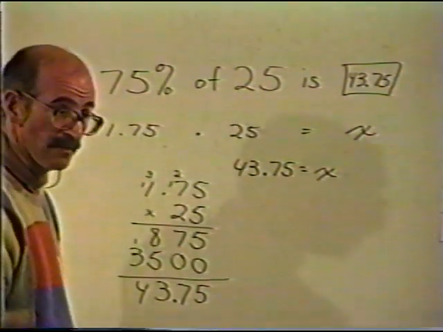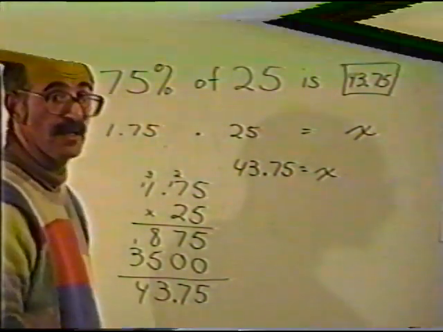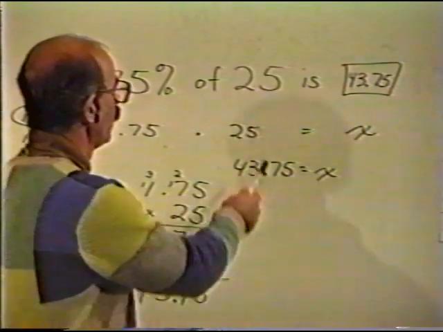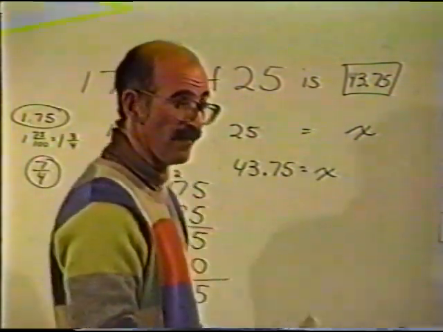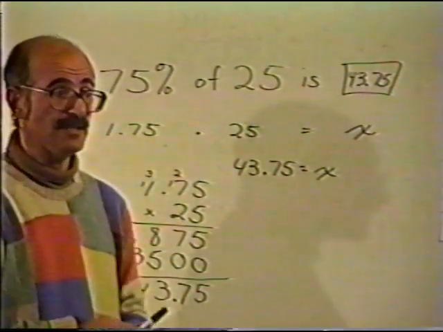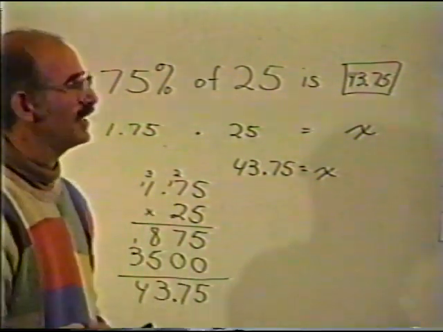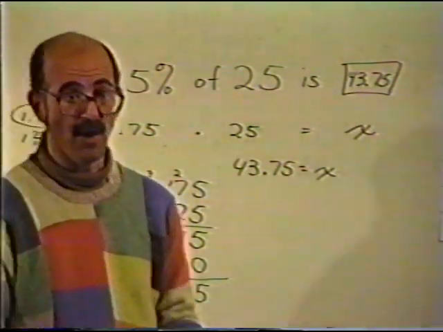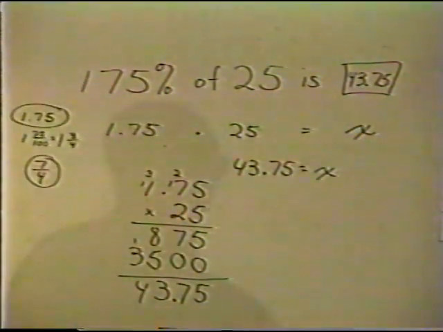Almost twice as much. If this were 200%, that would be twice as much. Well, we got an answer of 43. Is that more than 25? Yes. Is it almost twice as much? Yes. So that shows that our answer is in the right ballpark. It's approximately okay.